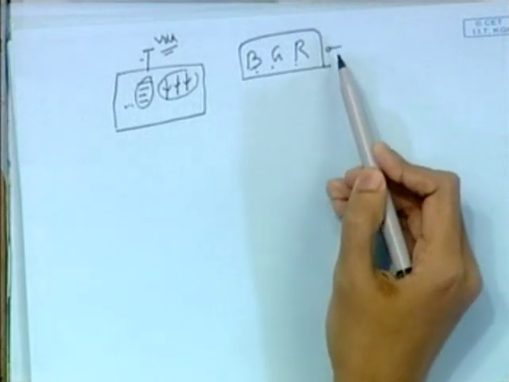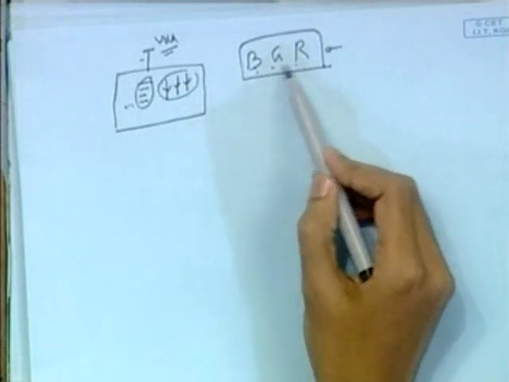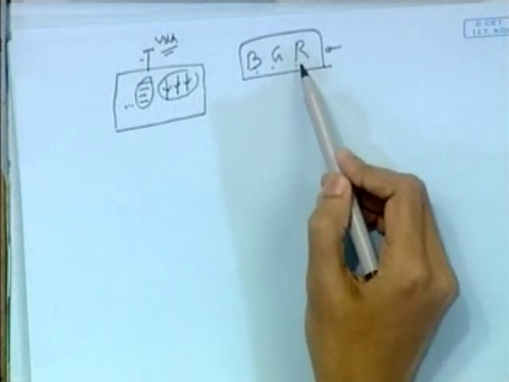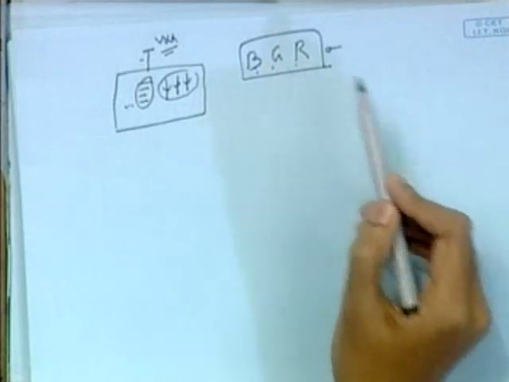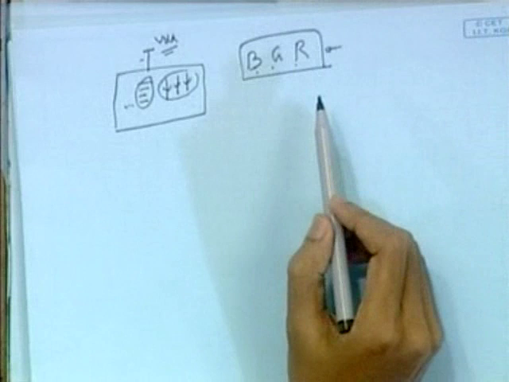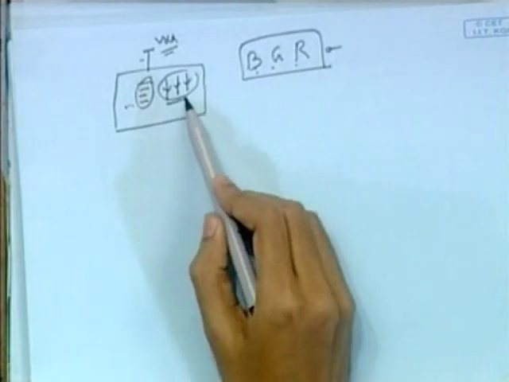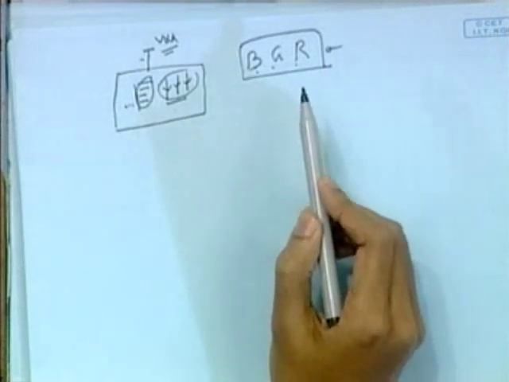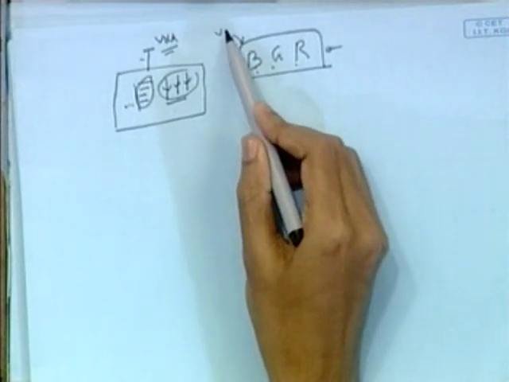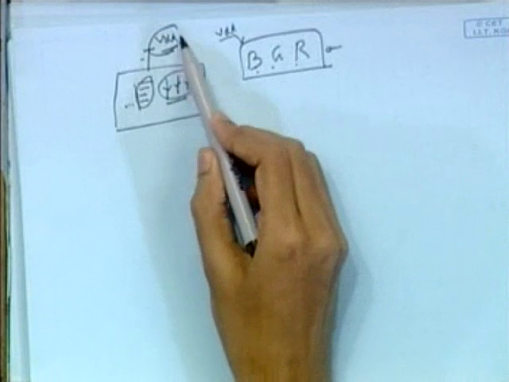And I think there is a class on how this BGR is working, so he will be taking that. So the BGR circuit is giving all these currents and intermediate voltages, and the only input to this is our VDD.